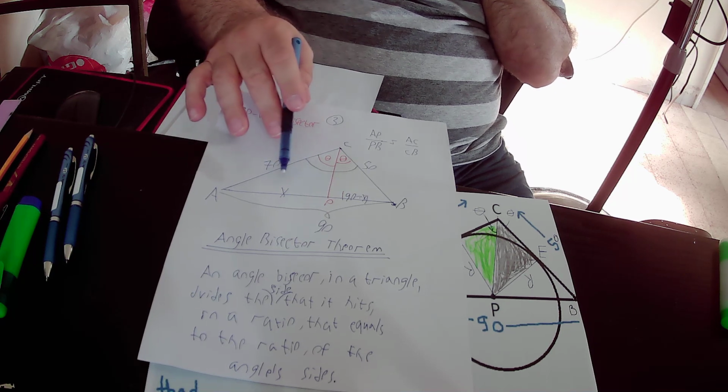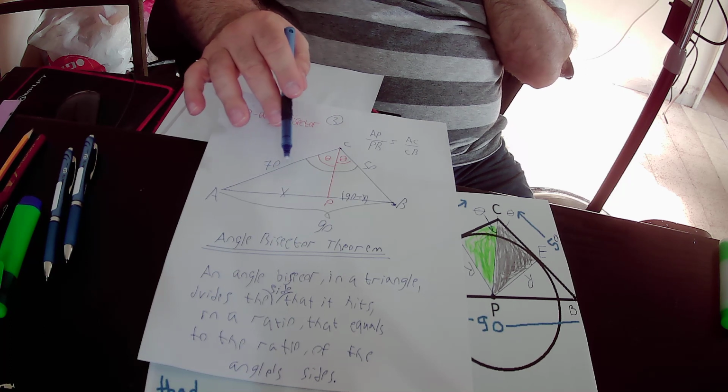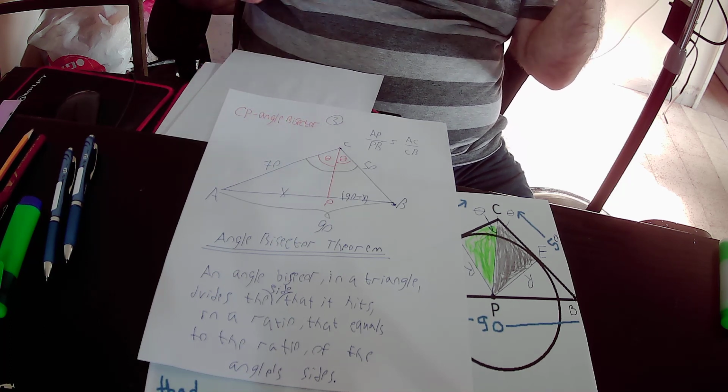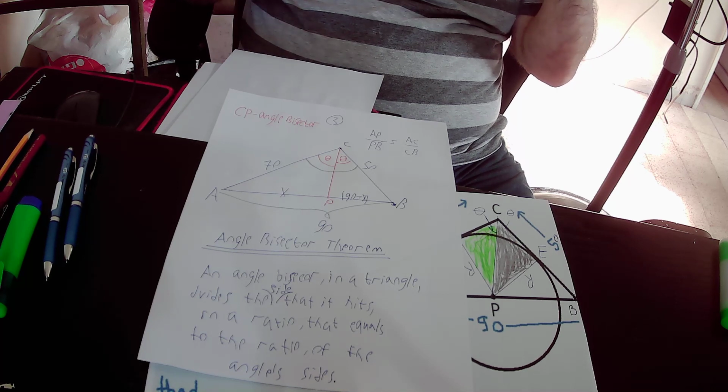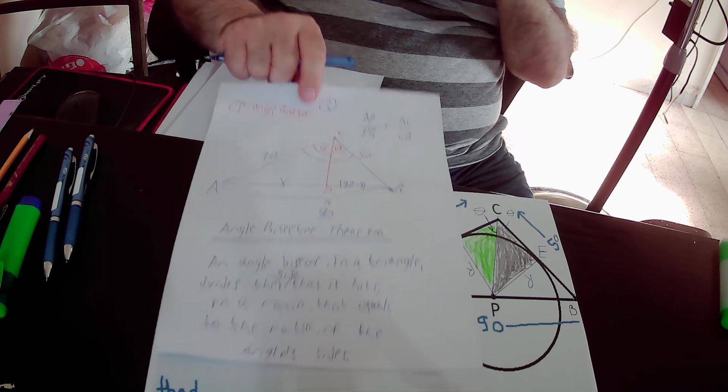So 90 minus X is a positive number and will never be 0, so it is allowable to multiply both sides of the equation by 90 minus X. Okay?